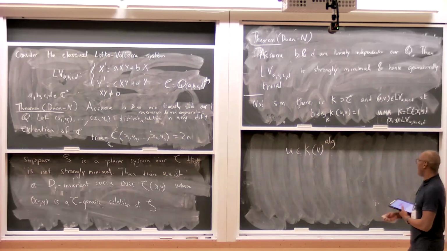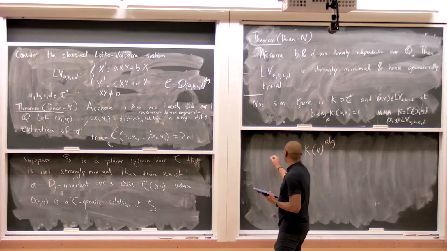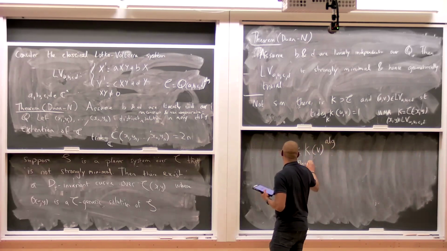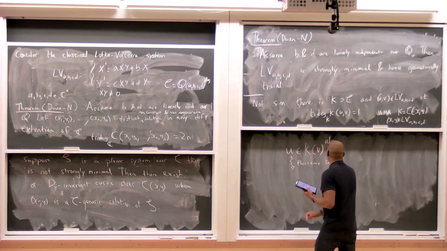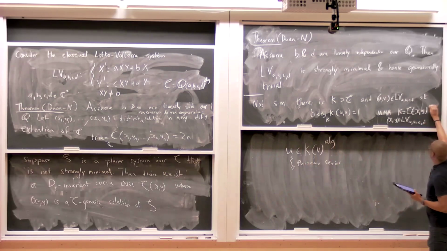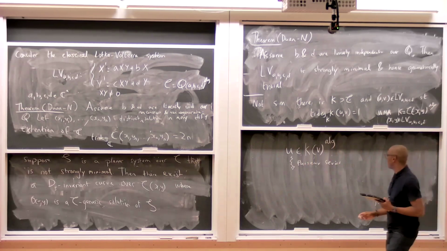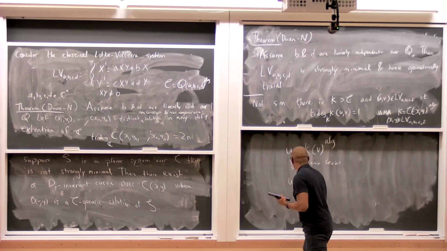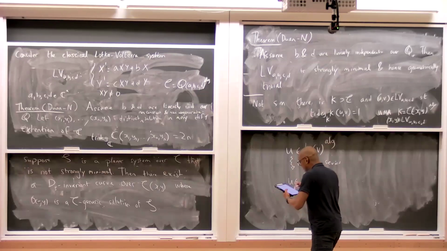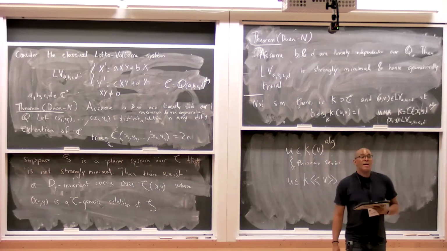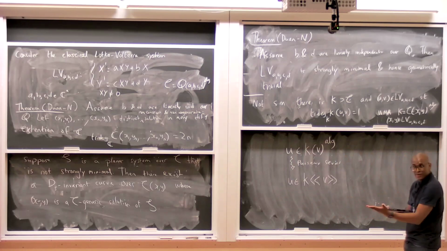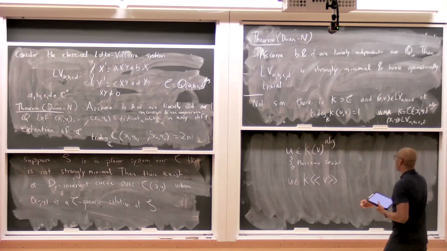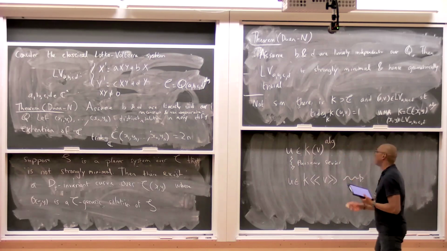The method we developed there uses Puiseux series. So let me take, just for argument here, that U is in the field of Puiseux series in V. Then we can write down the series and differentiate it.